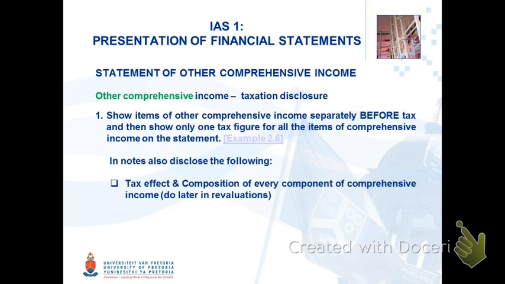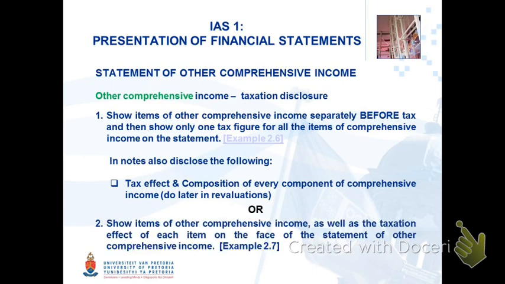If we follow this route, we'll have to disclose an additional note, and this note will have to comprise the tax effect and the composition of every component of the comprehensive income. We will see later in the revaluations how we do this. Alternatively, show items of the comprehensive income on a line-by-line basis and the taxation effect of each of them on the face of the statement of other comprehensive income.